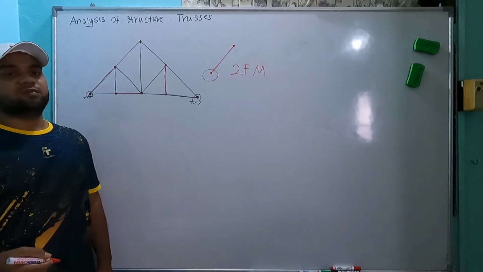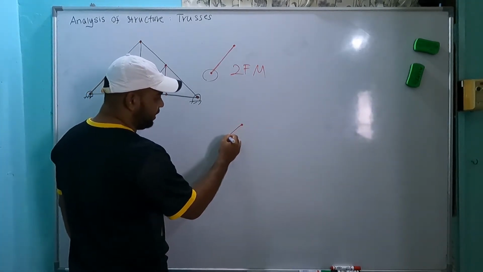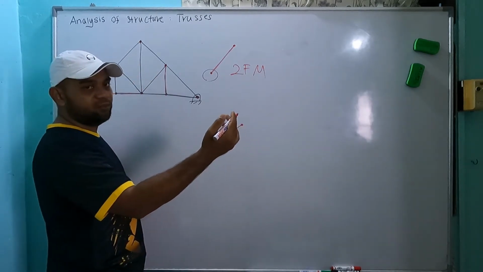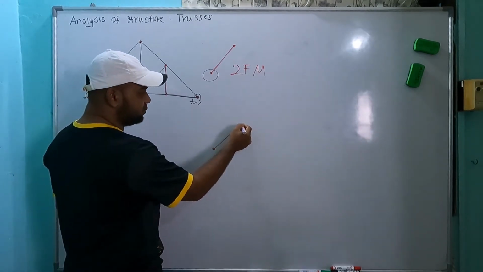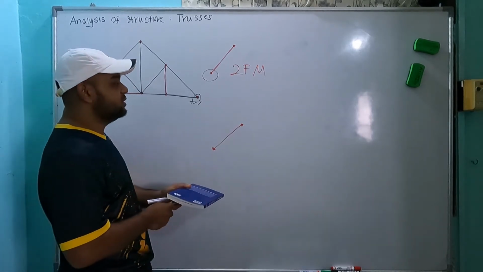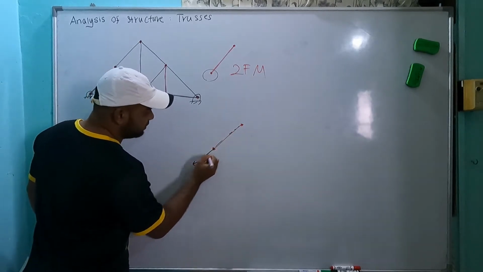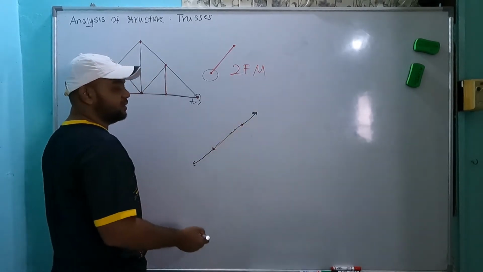A two force member is a member where we have two points with load force, one here and one here. The way we do it is to make a line between these two connecting points, and the force acts along this line of action.